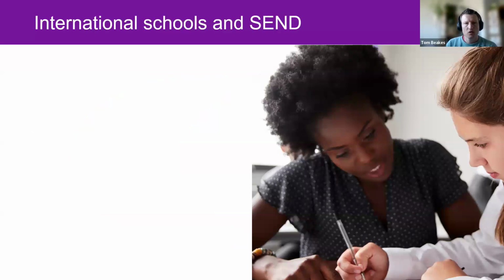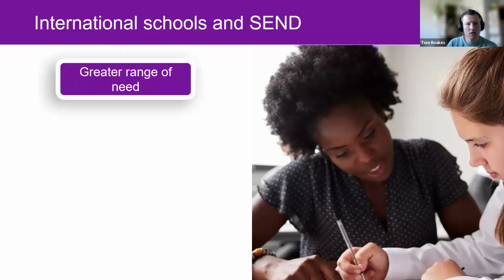All right. So when it comes to international schools and special educational needs, I got some of these points from an article written by a former head teacher at an international school in Jordan called Matthew Lee, and he talks about some specific characteristics and challenges that we might need to consider. And the first is that there's a greater range of need, often in international schools.